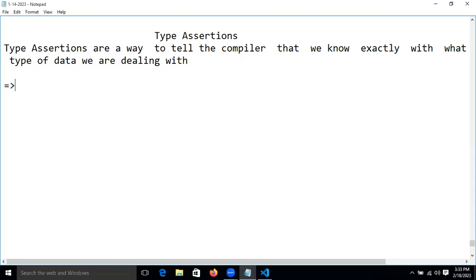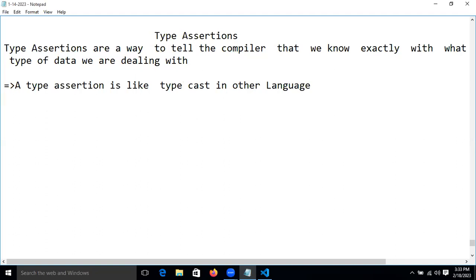Now what is assertion in another language? In another language, it is typecasting only. Type assertion is like typecast in other languages. So why are we using assertion?